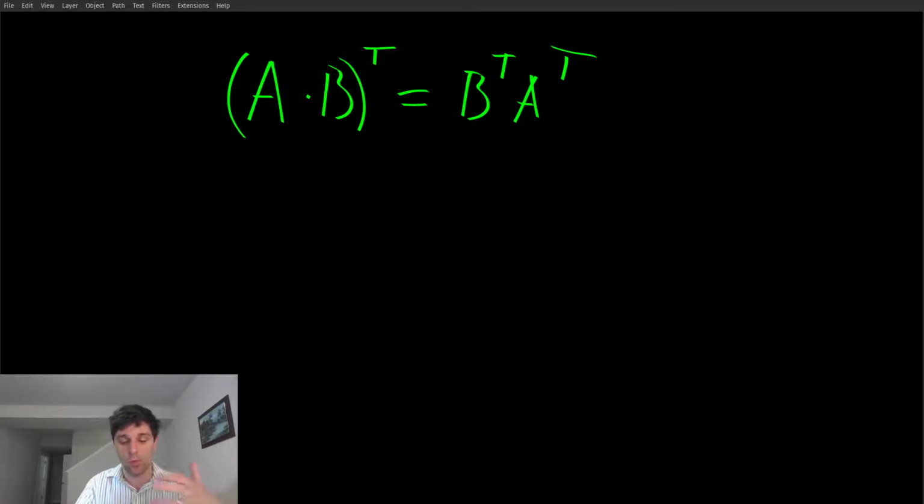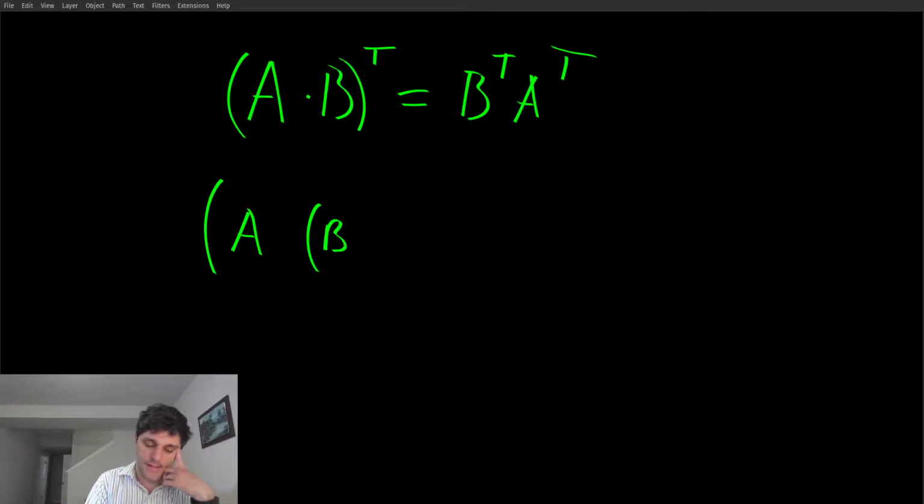And these things all can work together, right? So let's do the distributing one. Let's say I have A times B plus C, and then that whole thing is transposed.